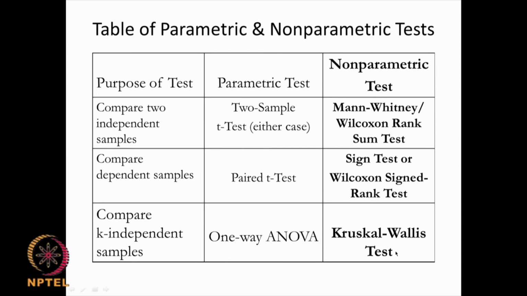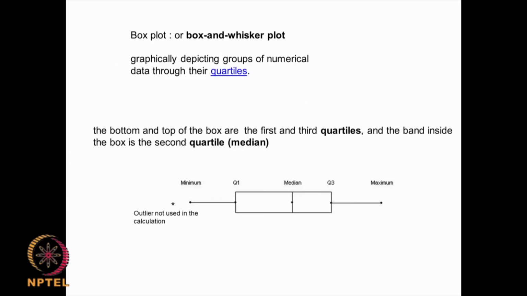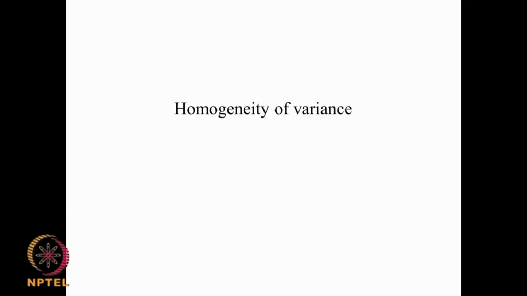Now, there is another situation where you have a non-normal type of distribution. If you are comparing 2 sets of data or multiple sets of data, we consider something called the homogeneity of variance. We need to check whether your data set has homogeneity of variance, which is very important.